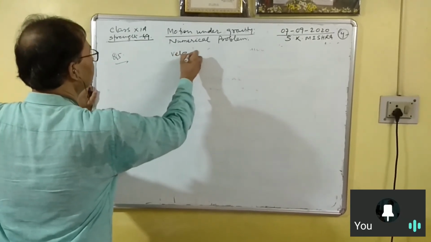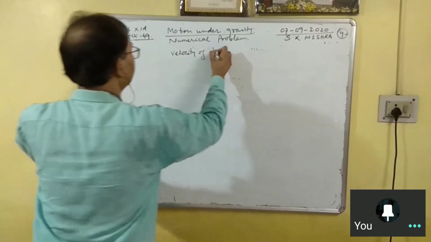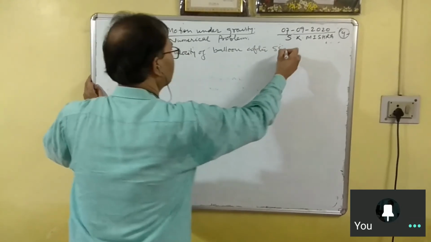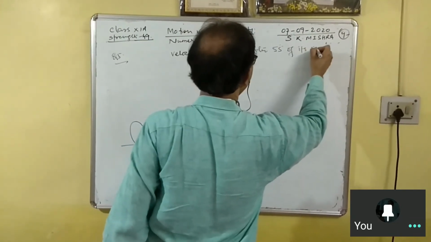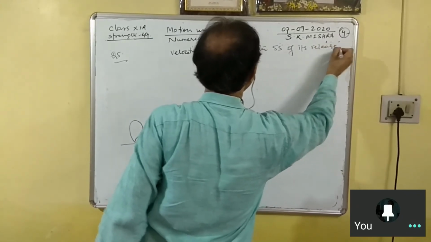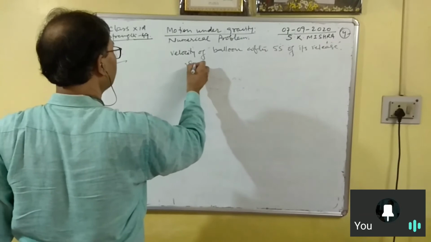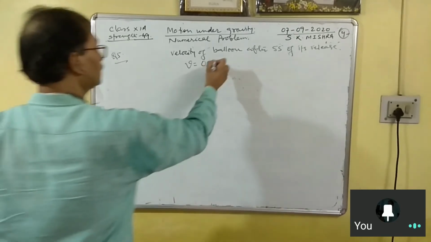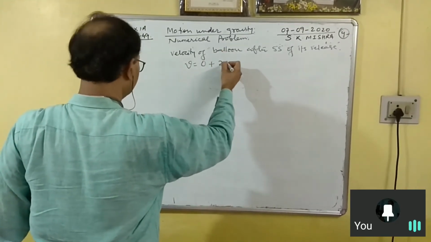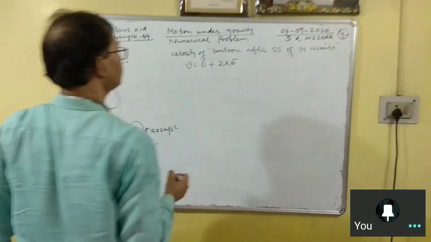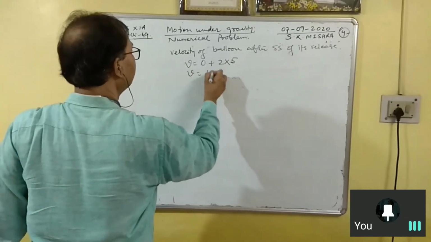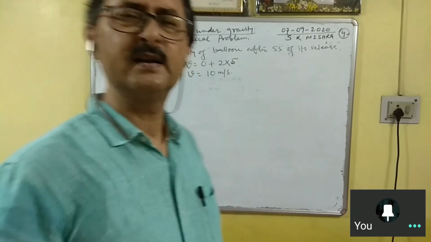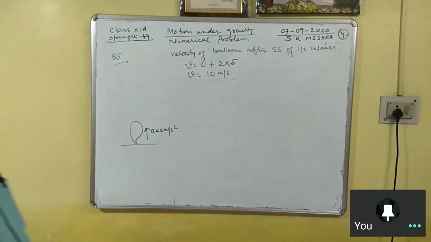So velocity of the balloon after 5 seconds of its release from ground: V is equal to U plus AT, U is 0, A is 2, don't take g, 5 seconds. So V is equal to 10 meter per second.